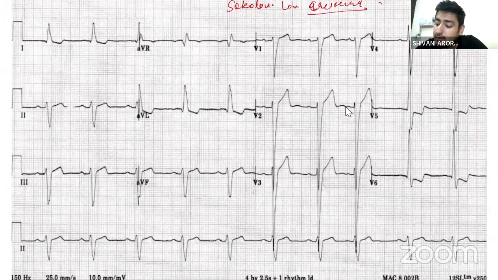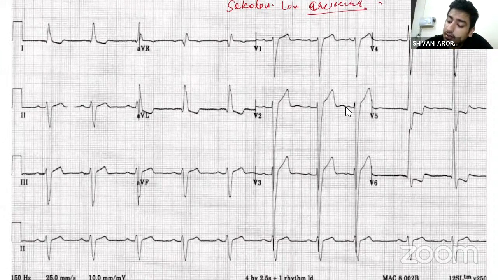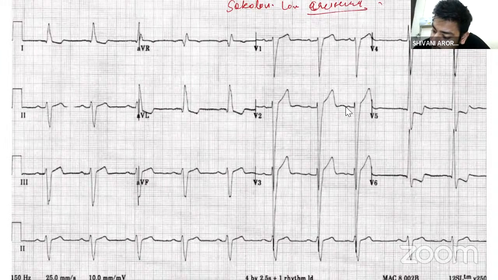Clear? So this is S in V1. It is 1, 2, 3, 4, almost 4 big squares, that is 20 small squares, that is 20 mm, plus R in V5. R in V5 is 1, 2, 3, 4, 5, 6, 6 big squares, that is 30 mm. So it is 50 mm.